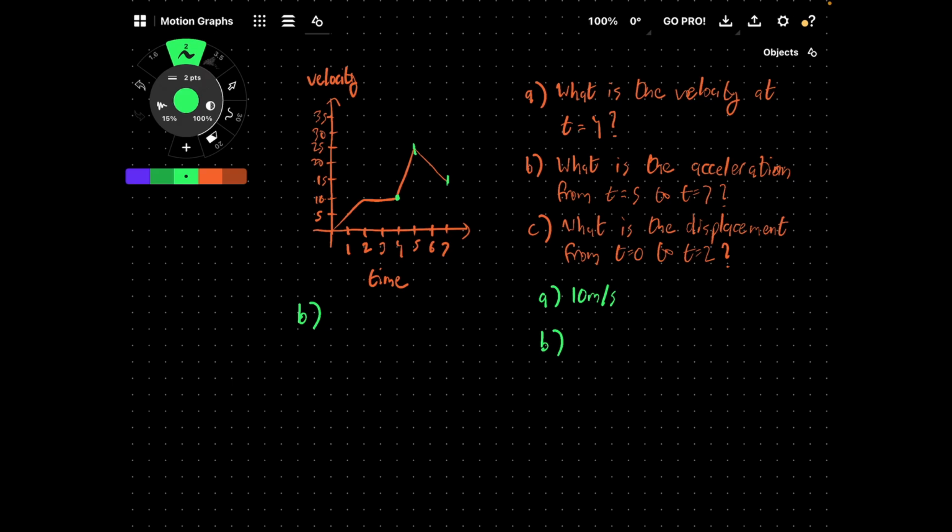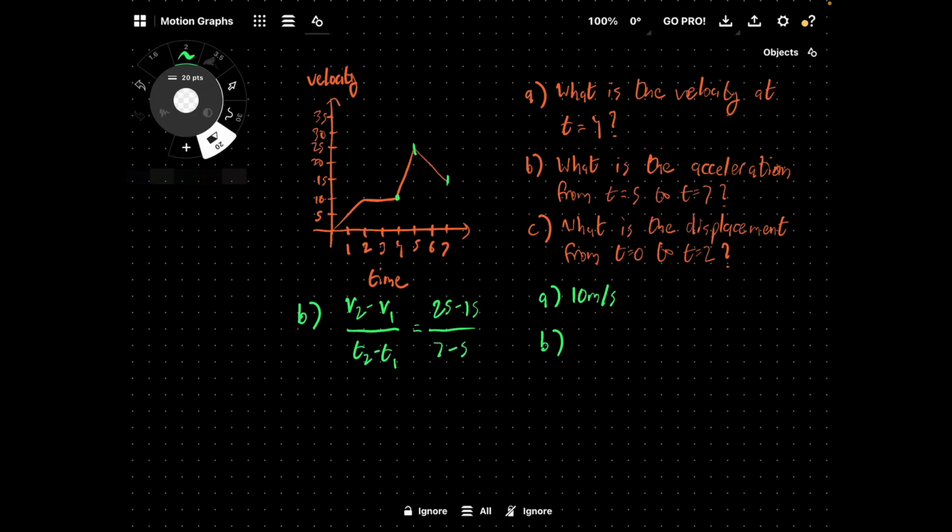So v2 minus v1, so that's 15 minus 25, or we can write the formula first. v2 minus v1 divided by t2 minus t1, but then this becomes 15 minus 25 over 7 minus 5, 15 minus 25, not 25 minus 15.